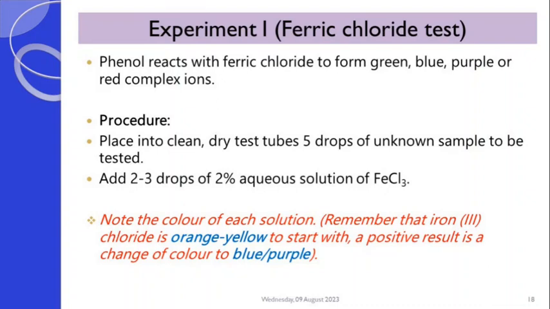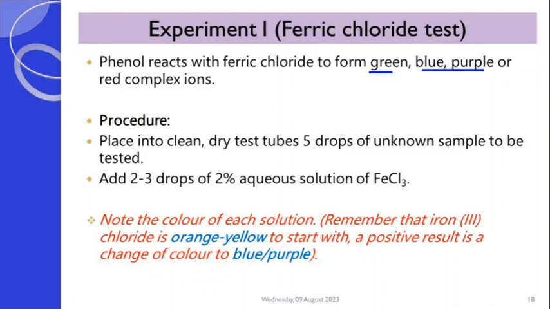In the first one, the ferric chloride test, in terms of color change or appearance, the sample that contains the phenol would react with the ferric chloride to give you either green, blue, or purple complex ions.